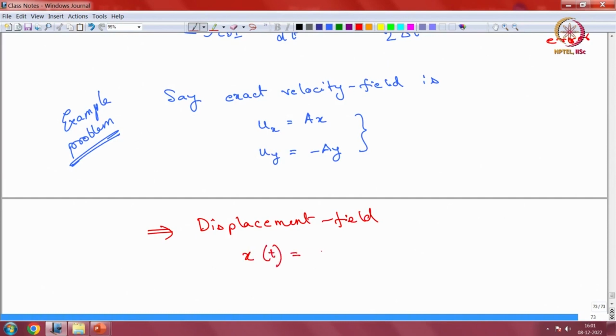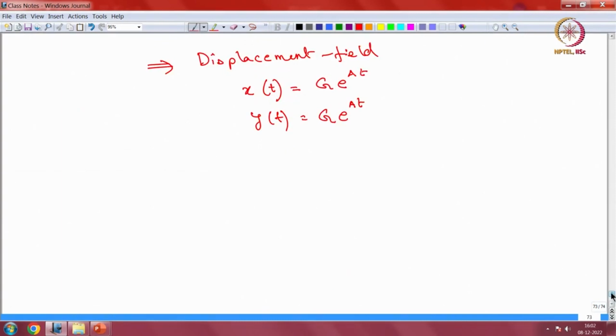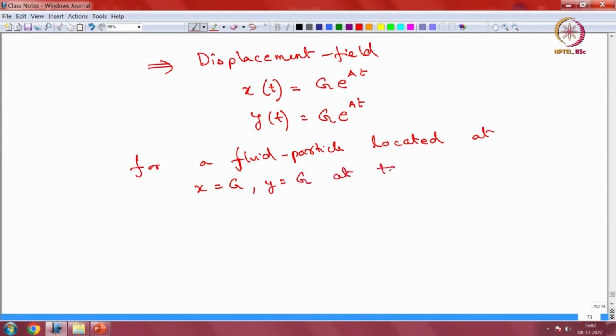So, my x of t is nothing but some g e to the power a t and my y is again some g e to the power a t, right, for a fluid particle located at x equal to g and y equal to g at t equal to 0.